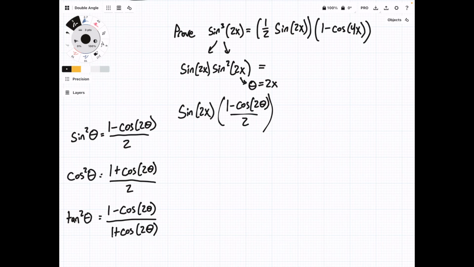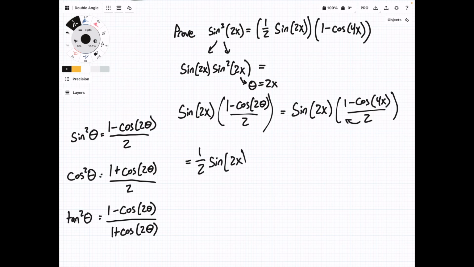So we can rewrite this whole thing as sine of 2x times 1 minus cosine of 2 times 2x, so it's going to be 4x, over 2. Then if we just pull out this value, we can rewrite this thing as 1/2 sine of 2x times 1 minus cosine of 4x. And then we can look back up to our problem, and we realize that we just proved it without really even realizing it. So yeah, it's that quick.